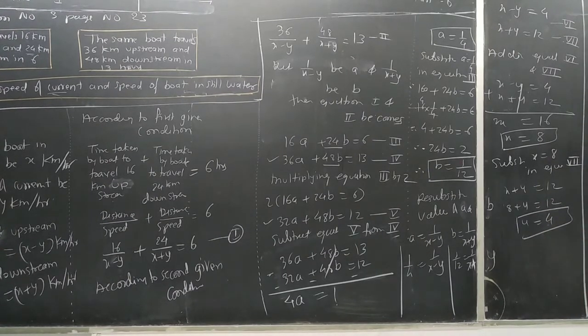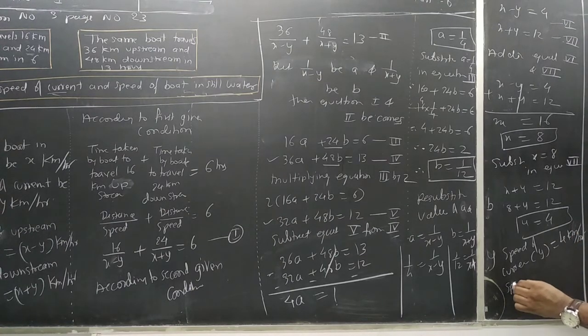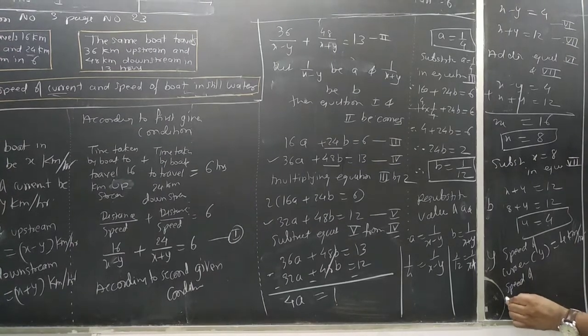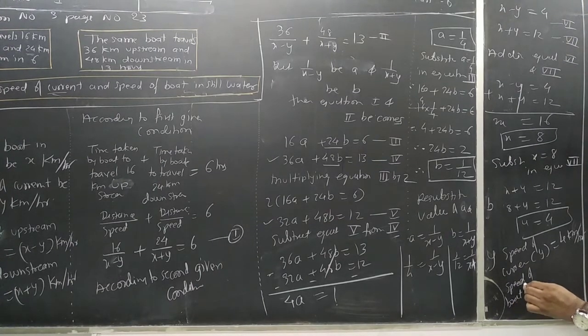So what I have asked you, the speed of current, that is y is equal to 4 kilometer per hour, and speed of boat in still water is equal to 8 kilometer per hour.